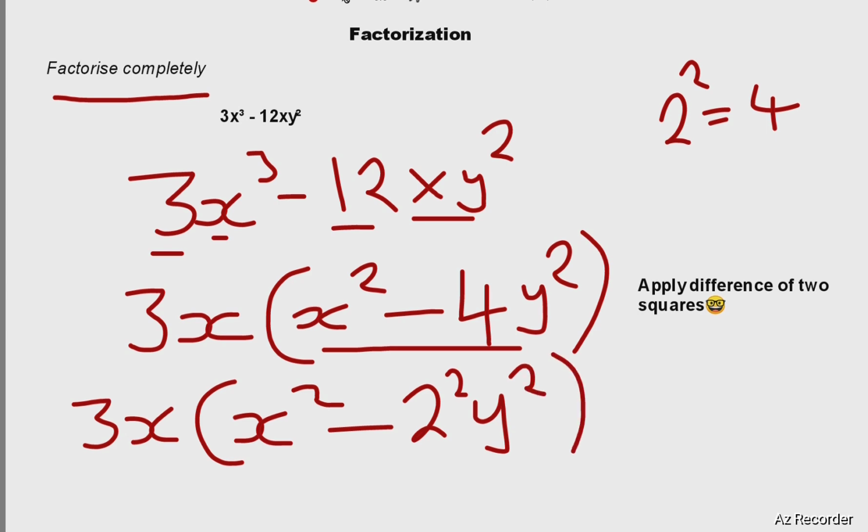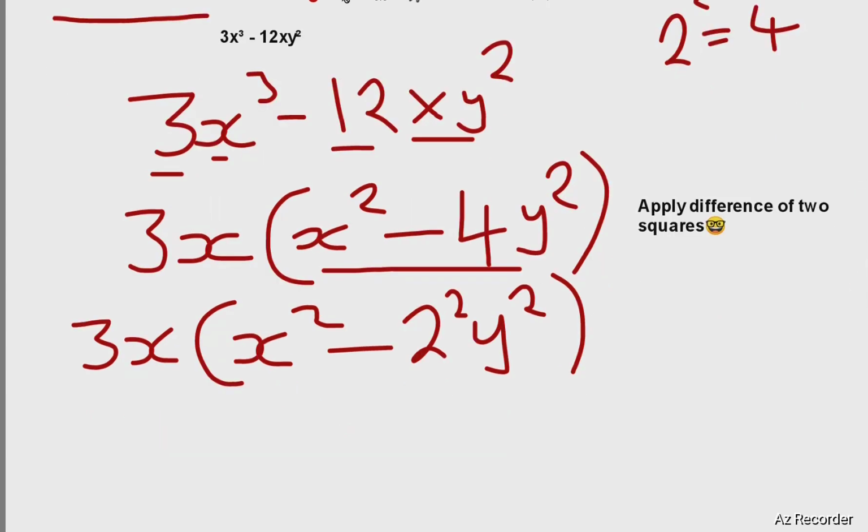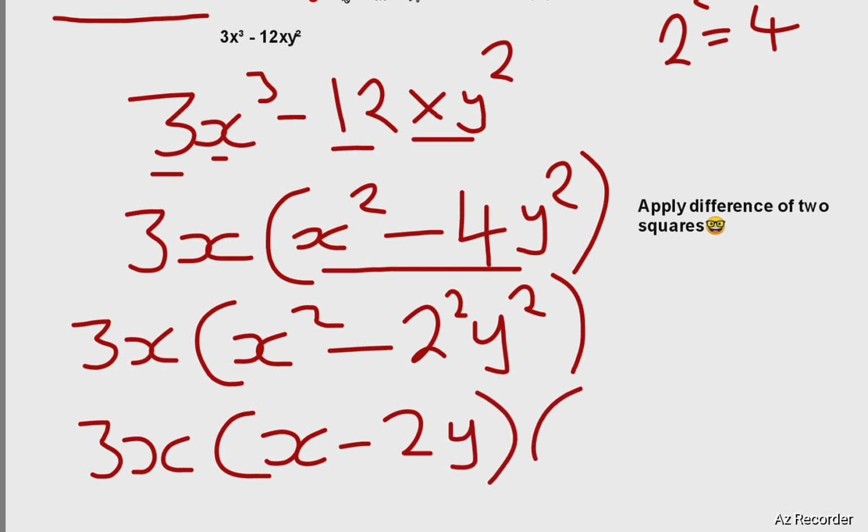Okay, so at this point now, applying the difference of two squares, we are almost done. So now that you have reached this part, the difference of two squares is very simple. Once you've ensured that each and every element in the brackets has a square, you write this without the squares, and then you write it again without the squares, but here you put a plus sign.